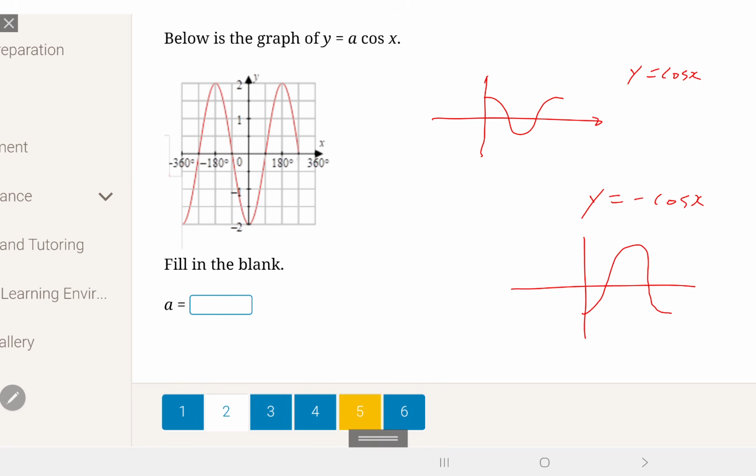So let's see here. If you continue like this, so here you can see that A must be negative, because this is flipped or reflected over the x-axis. The amplitude here is 2. That's the distance from here to here, that's the amplitude, or from here to here. The distance is 2, so negative 2.